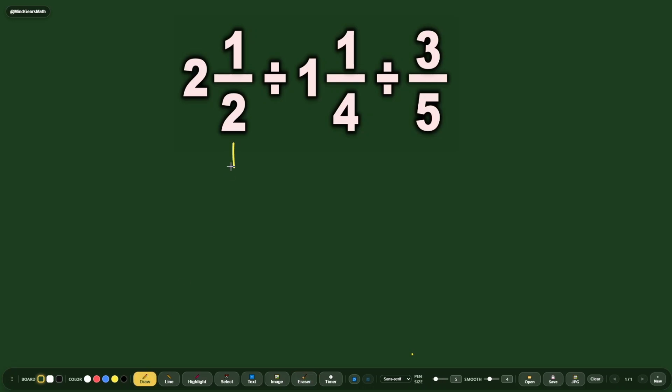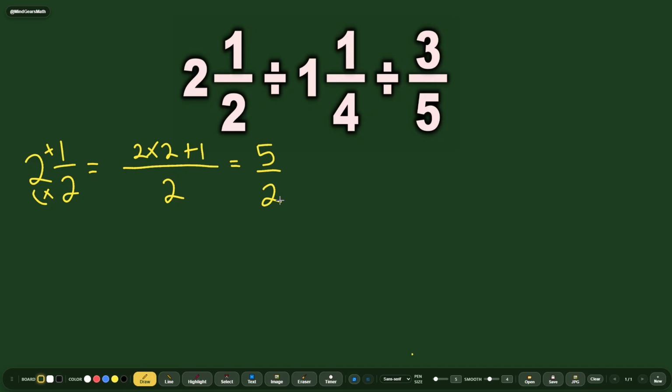The first thing we want to do is convert our mixed numbers into improper fractions, because fractions are much easier to work with when we are dividing. Let's start with 2.5. We multiply the whole number 2 by the denominator 2, which gives 4, and then add the 1. That's 5/2.